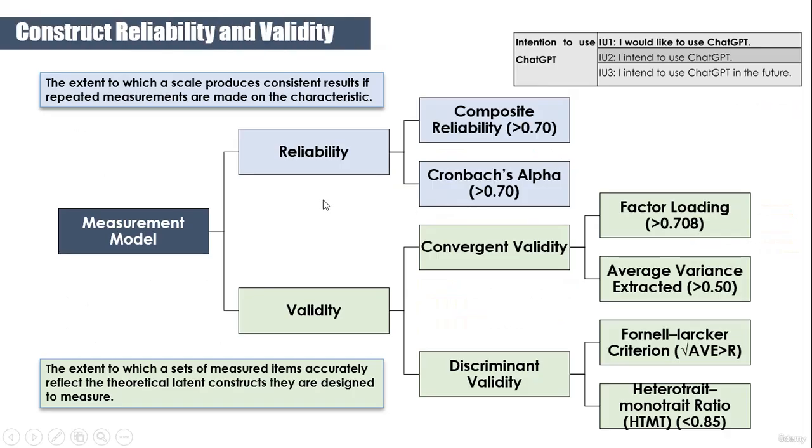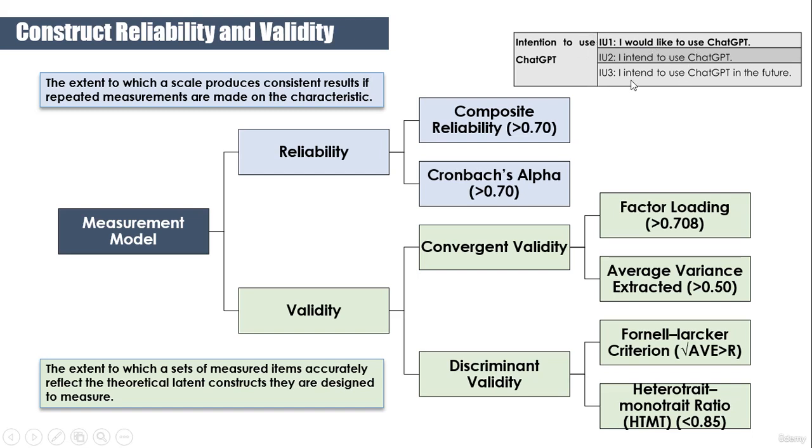So what are the criteria for assessing the reliability and validity of the measurement model? At first you need to know what reliability is. Reliability is the extent to which a scale produces consistent results if repeated measurements are made on the characteristic. For example, here the scale means this scale. We are measuring intention to use ChatGPT by asking 3 questions.